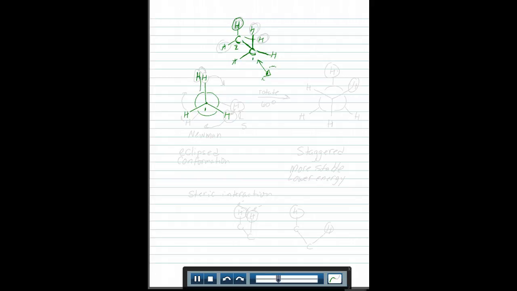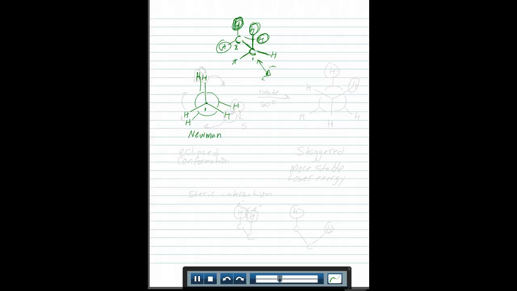All right, so in a way, this hydrogen and this hydrogen are eclipsing each other. They're kind of right in front and back of each other. And then this hydrogen right here would be coming out over here, and the hydrogen right here would be right there. Okay, so that's a representation of the Newman projection.